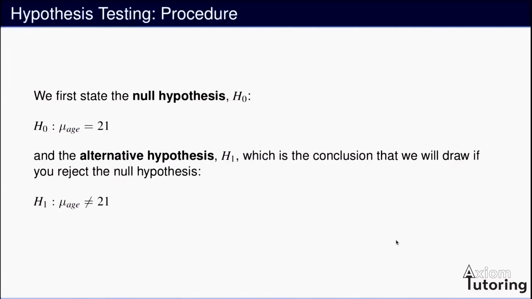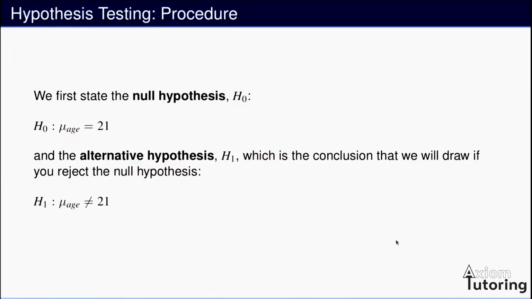Well, we first need to state the null hypothesis, H naught, and we're going to say that H naught is mu age is equal to 21. Okay, that's what we're trying to test. So we're going to see whether there's some evidence to disprove the fact that the population mean is 21.